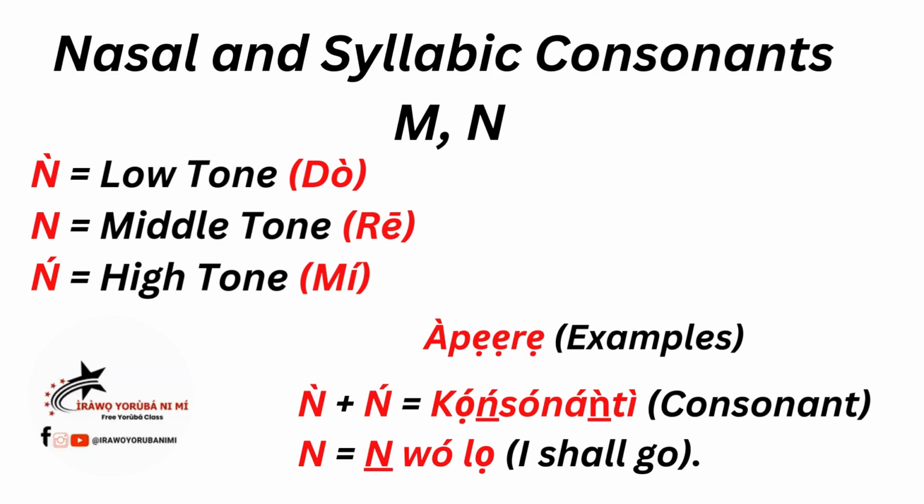Àpẹẹrẹ, examples. Mi plus ni. I had to put these two consonants with different tones together because the word that I want to use as an example has a combination of both consonants. This is consonanti, consonanti.